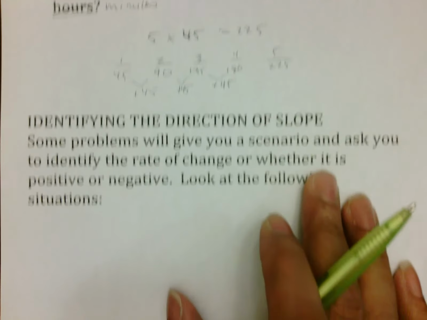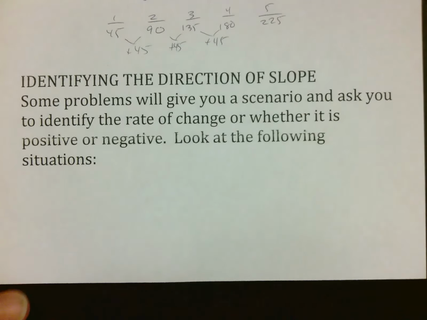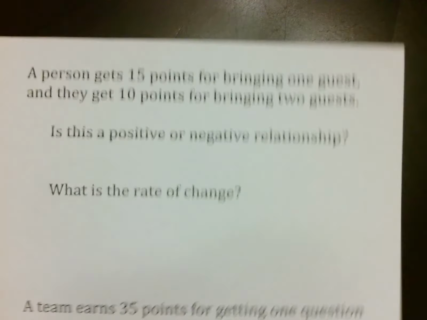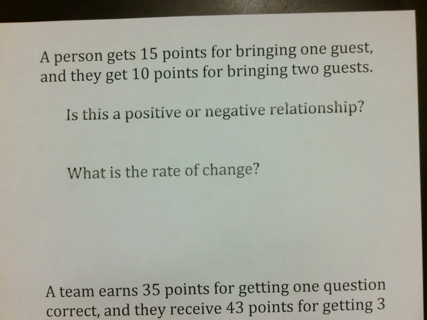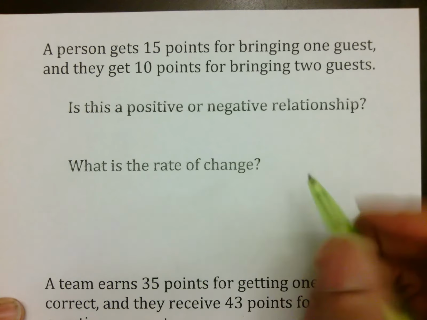The last thing you're going to be asked to do is identify the direction of the slope. Some problems give you a scenario and simply ask you to identify the rate of change or whether it's positive or negative. So look at these following situations here before we get ready to wrap it up. It says a person gets 15 points for bringing one guest and they get 10 points for bringing 2 guests. First off, they want to know, is it a positive relationship?